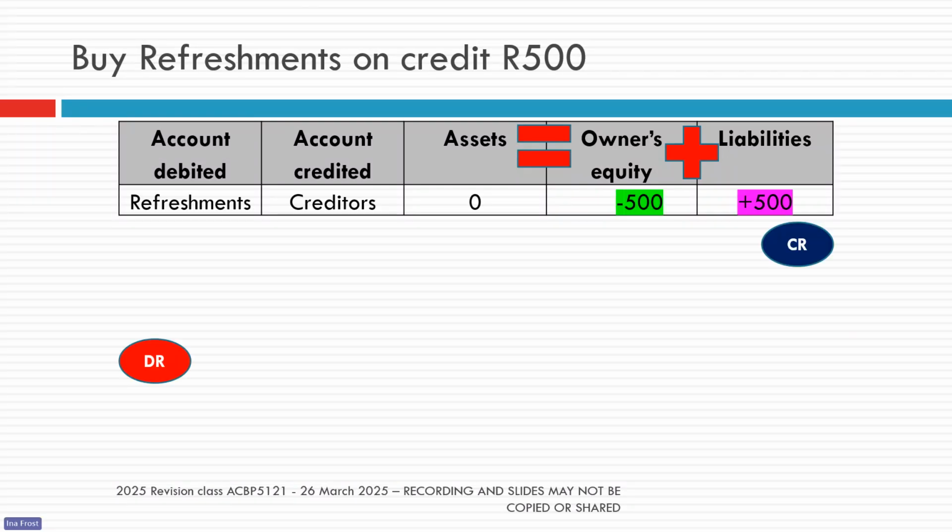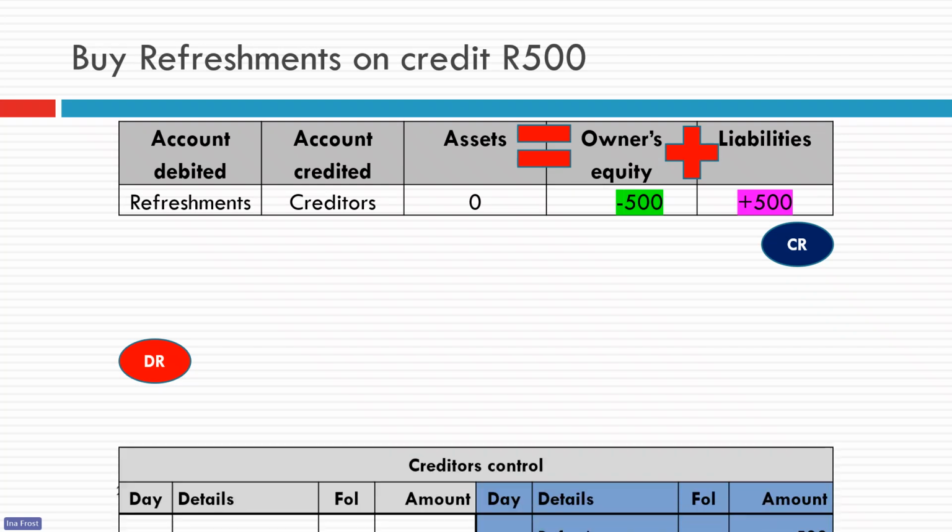So this one is also one of the interesting little transactions, because this is one of the few examples where we have everything happening on the owner's equity and liability side. So nothing is happening to assets at this point. We're only dealing with an expense, and the expense sits under owner's equity, and we're dealing with a liability, the creditor. So we're having our liabilities increase and our owner's equity decrease, and that equals the zero under assets.